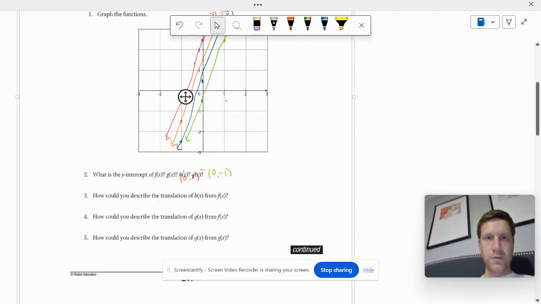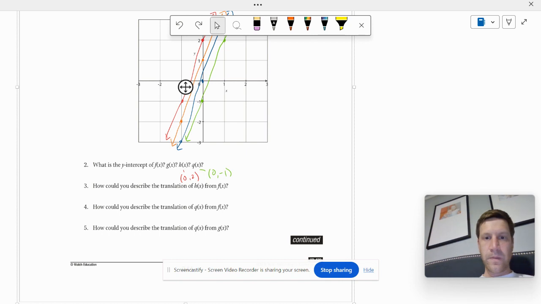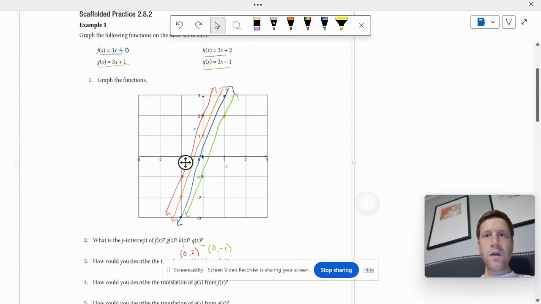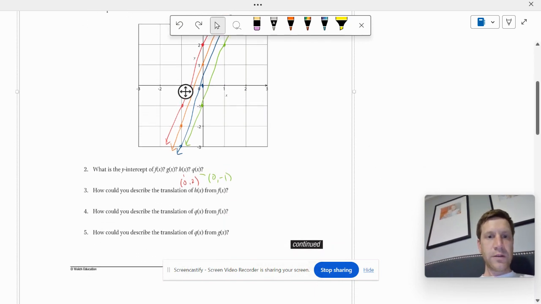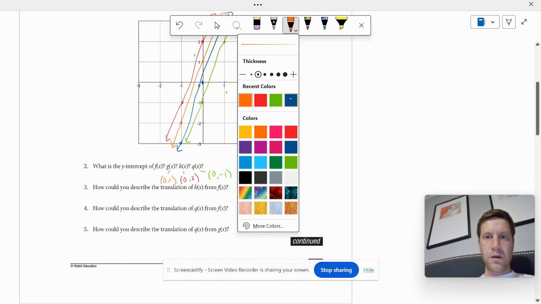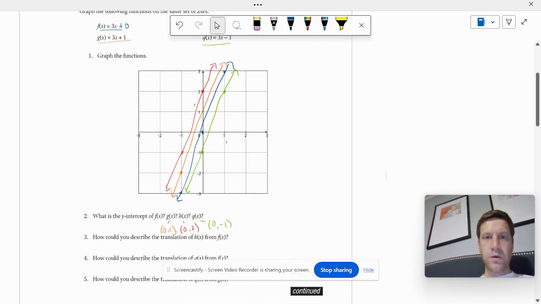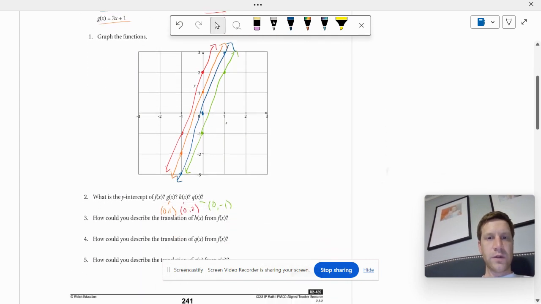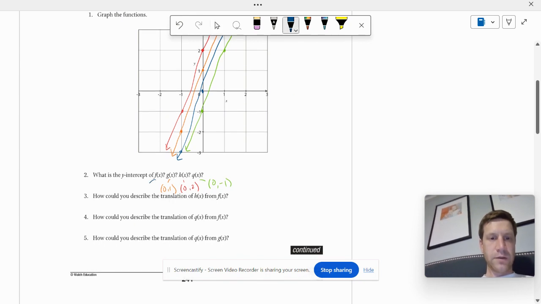Oh my gosh. What did we do? All right. Then we had orange was g of x. That's 0, 1. And then blue, I think was the original. That's at 0, 0. That was f of x.